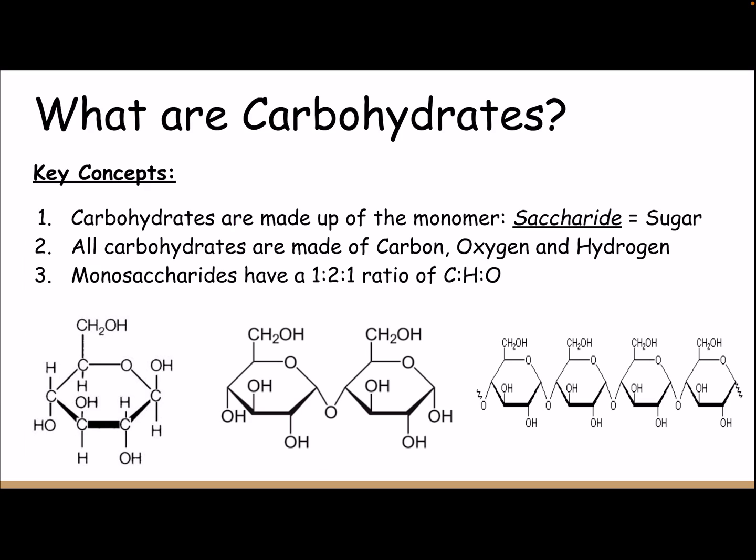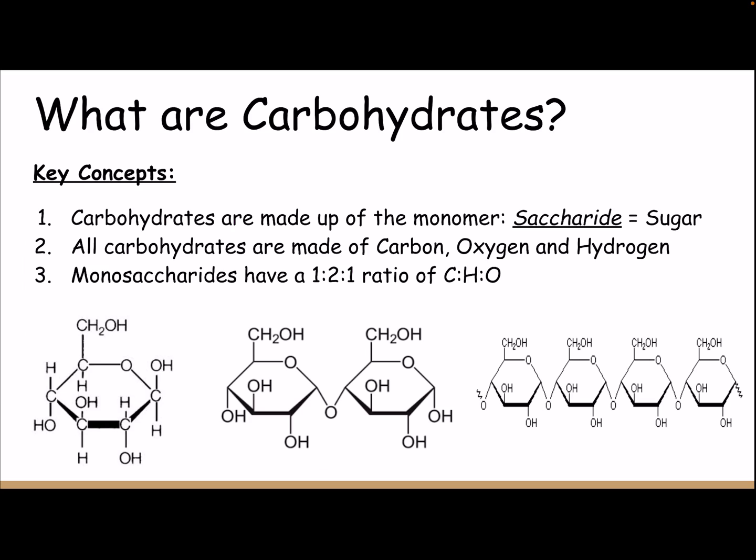Carbohydrates are made up of carbon, oxygen, and hydrogen. Carb is the carbon part, the O is oxygen, and then the hydrate is the hydrogen. All three of those elements make up our carbohydrates, which once again are sugars.